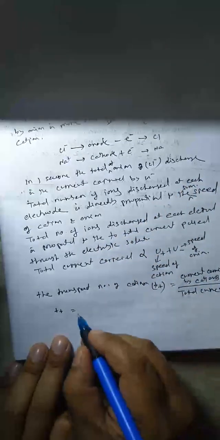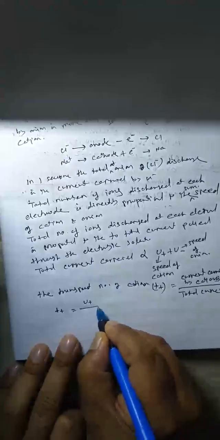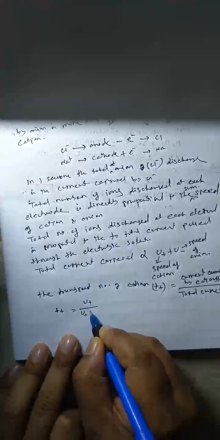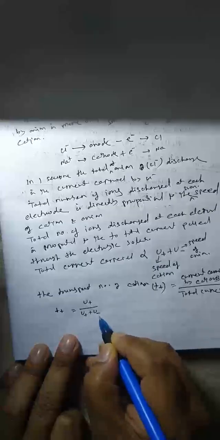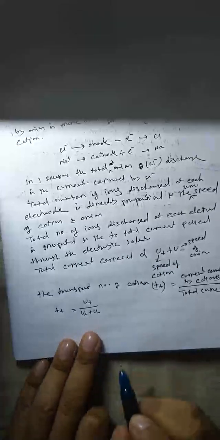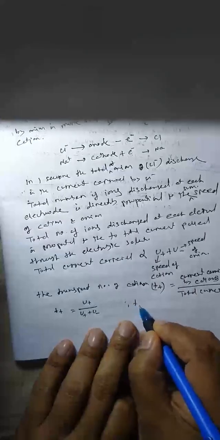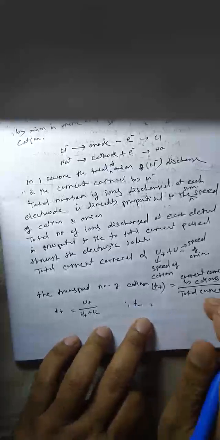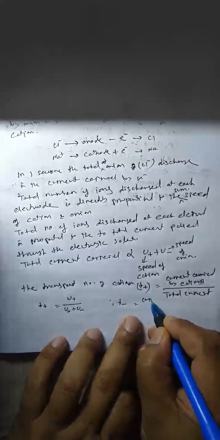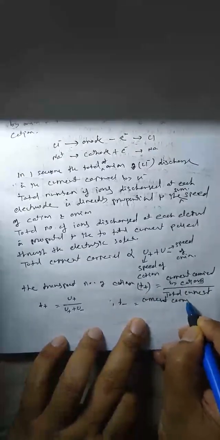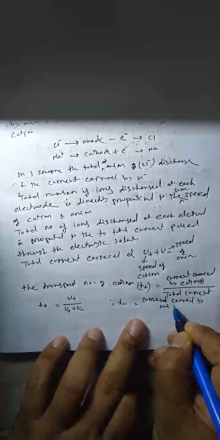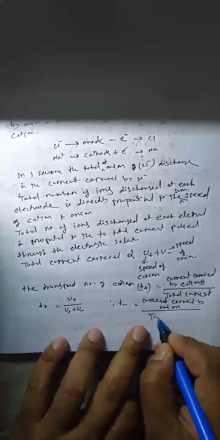If the speed of the cation is more, then more cations are discharged and more current is passed. So the current carried by cation is equal to U plus, divided by the total current. Total current means the speed of the cation plus the speed of the anion. This is called the transport number of the cation. Similarly, the transport number of anion is the current carried by the anion divided by the total current.